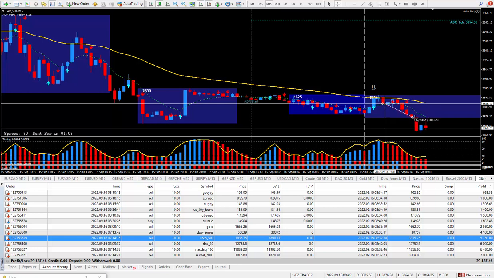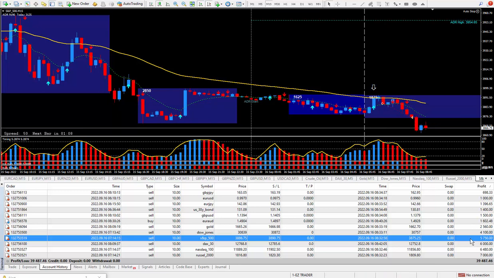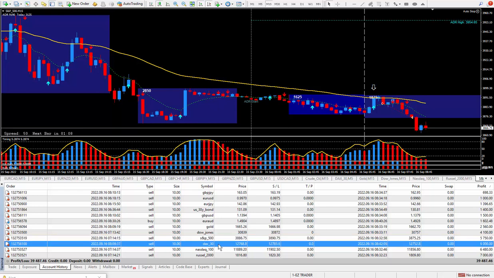It's going from 114 to 116, but anyhow, you can get the calculator out, do the math. It's 115 ticks. That ended up paying out $5,750.